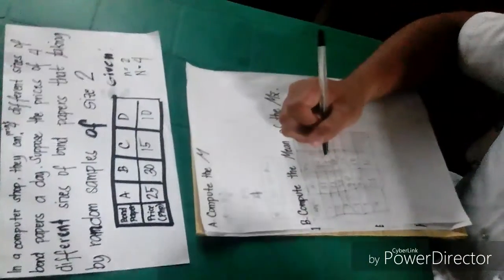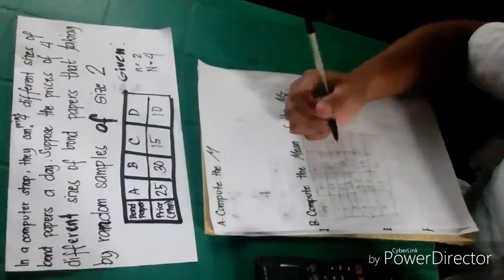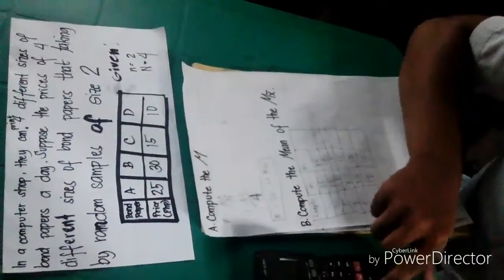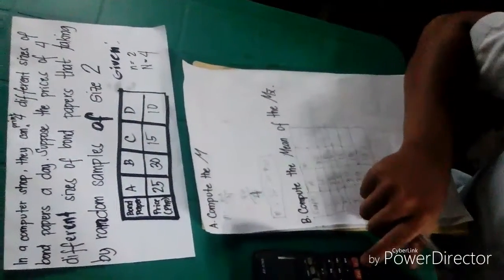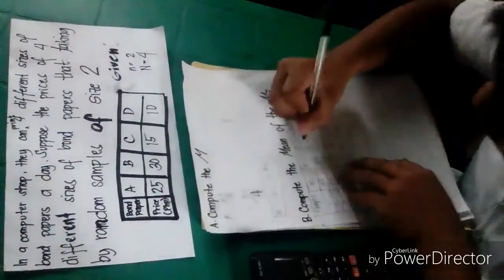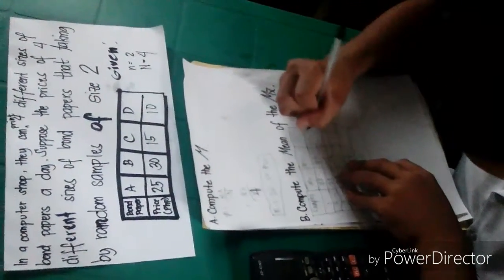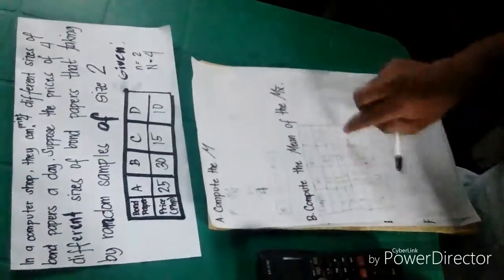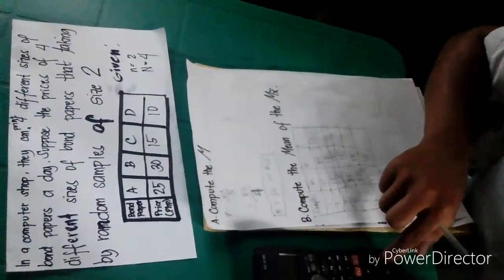Then add these, then divide by 2. Then 25 plus 30 divided by 2 is equal to 27.5.